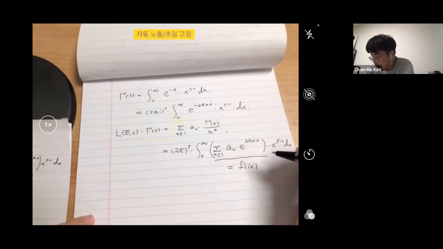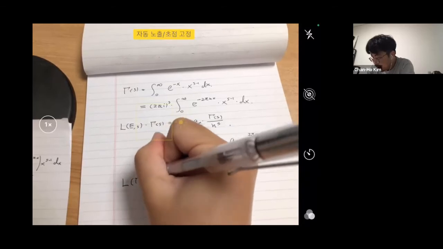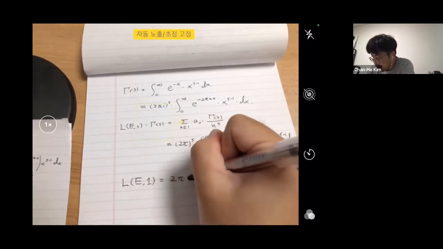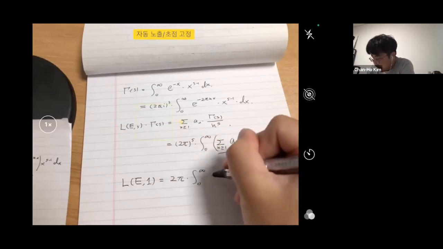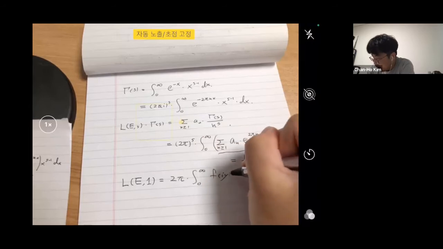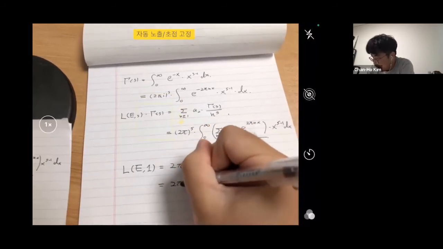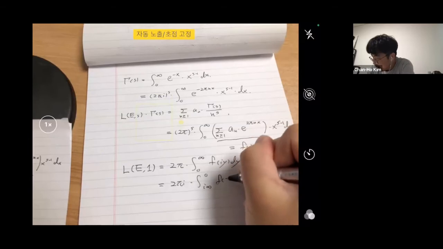Then sending s to 1, the L value is nothing but 2 pi times the integral from 0 to infinity of f of iy dy. Another way to say this is 2 pi i times the integral from i infinity to 0 of f(z) dz.